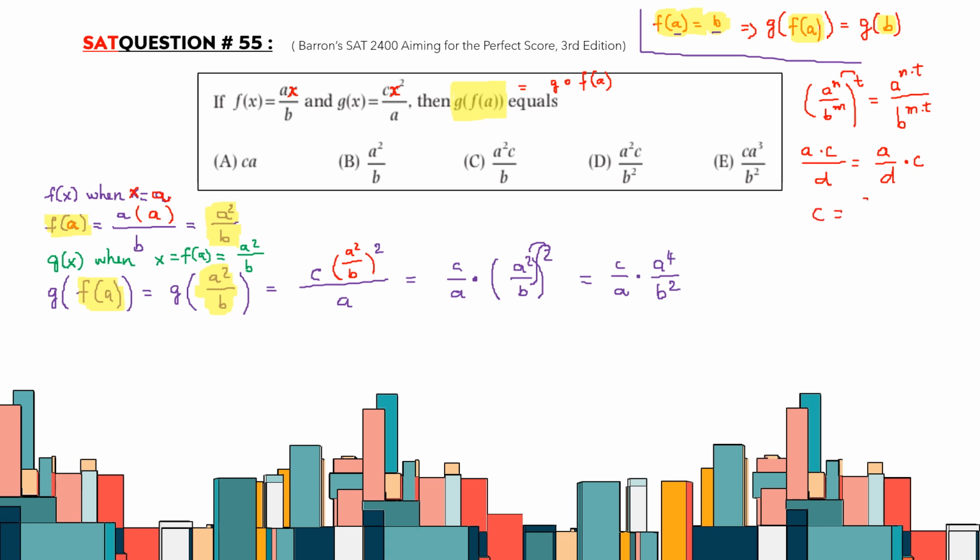Anything is just that thing over 1, or to the power of 1. So b right here is to the power of 1, 1 times 2 is 2, and 2 times 2 at the top gives a to the power of 4.